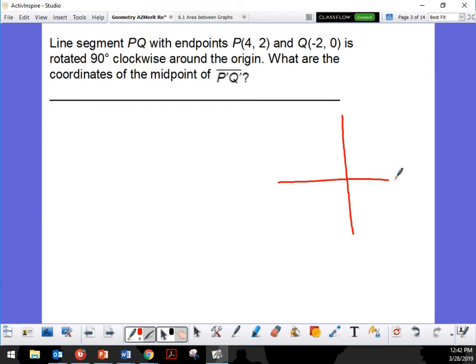If I rotate 90 degrees clockwise, I could either use the rules, or I could try and figure out what it's supposed to be. P is at 4, 2. 1, 2, 3, 4, 1, 2. And Q is at -2, 0. Right here.